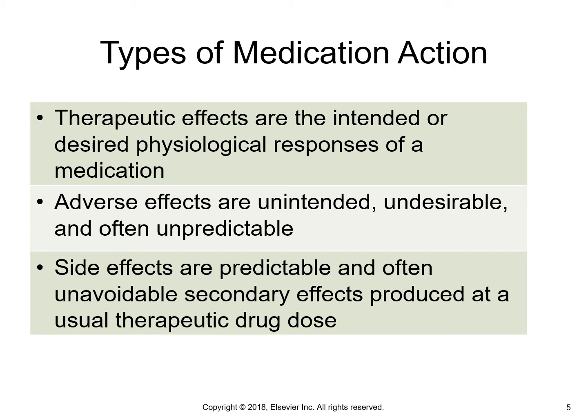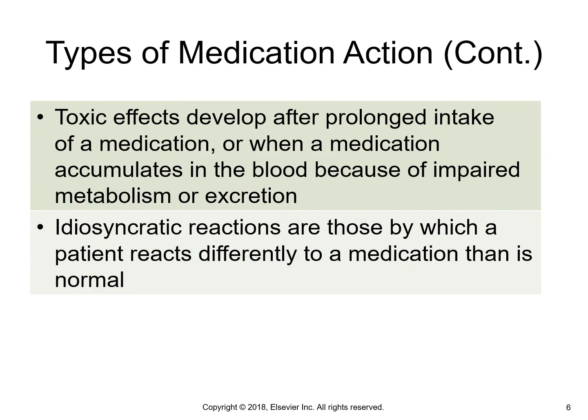All right, as we continue on here, to the next slide, we can have toxic effects that may happen. Oftentimes that may be from prolonged usage. Our elderly patients sometimes get toxic. If metabolism is impaired, let's say liver disease or kidney disease, these toxic effects may build up and they can lead to unintended horrible consequences.